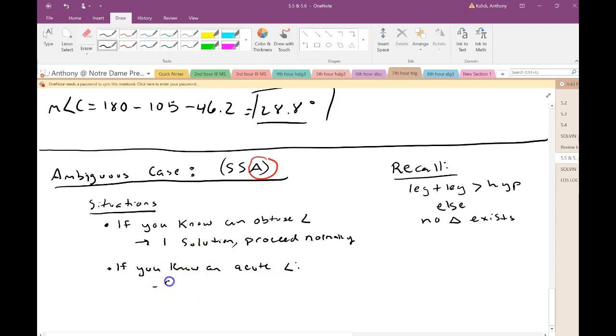If you have an acute angle, then we have to look at the side lengths.